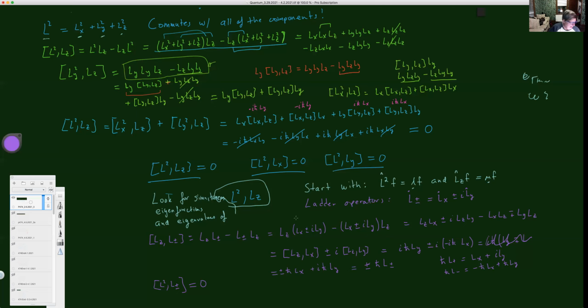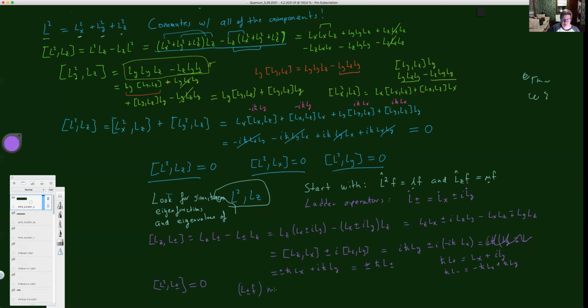But you can say, hey, if we have our f function here, if it is an eigenfunction of L squared and LZ, right, then also L plus minus acting on f must be one, right?